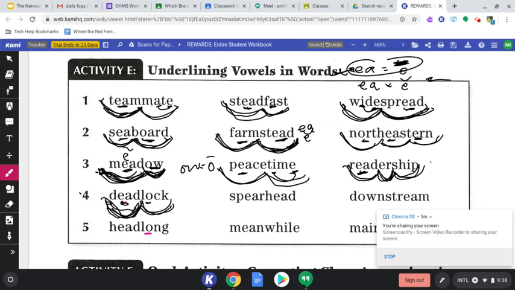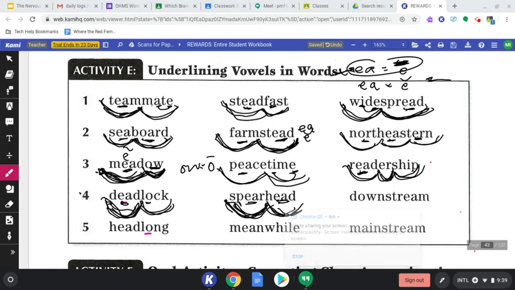Yeah, deadlock is like a tie. Spear heed. No, spear sounds right, but I don't know about that second part. How about spearhead? Spearhead. That sounds a little bit better to me.